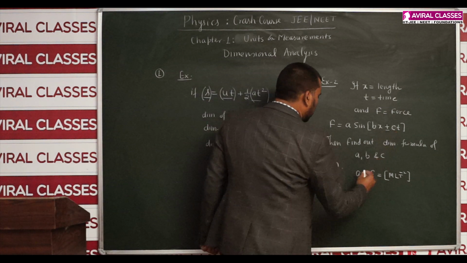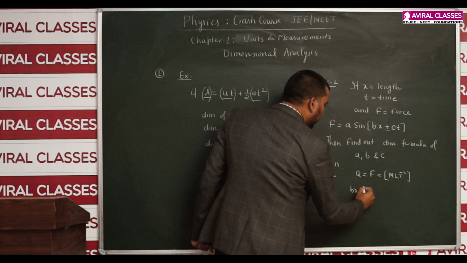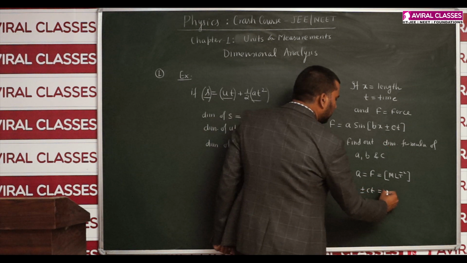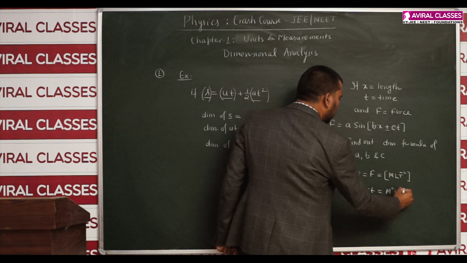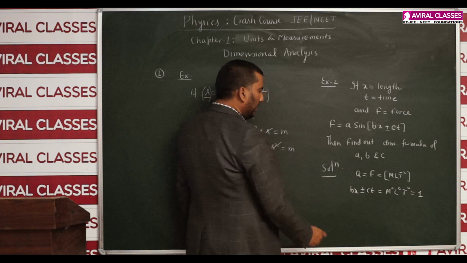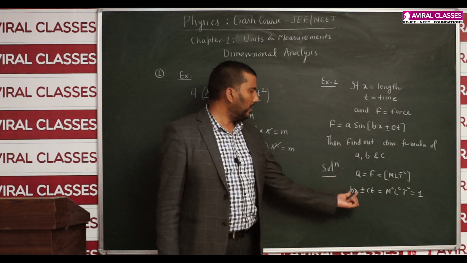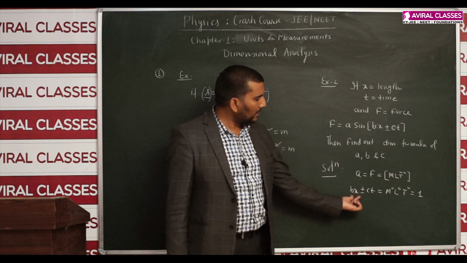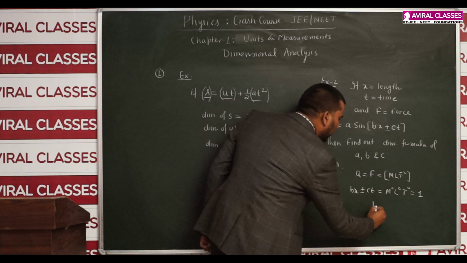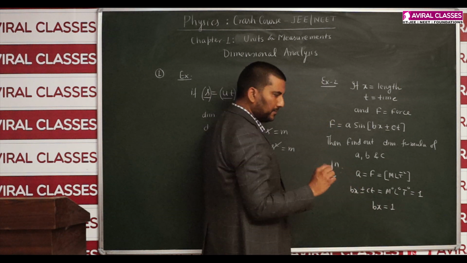Similarly, since this is angle, it doesn't have any dimension, no dimension means M0 L0 T0, that is 1. And according to the principle of homogeneity, we know only same dimensions are added, subtracted and equated. So bx can be written as one dimensionally.